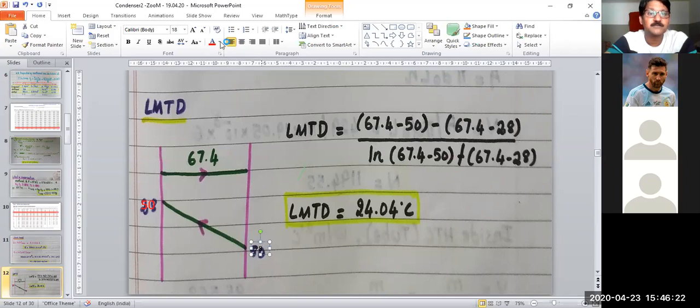Please all of you make a change. This is 28. It is entering at 28.